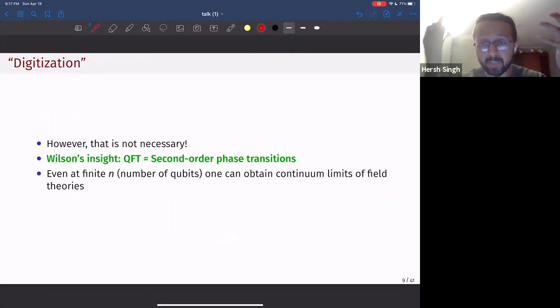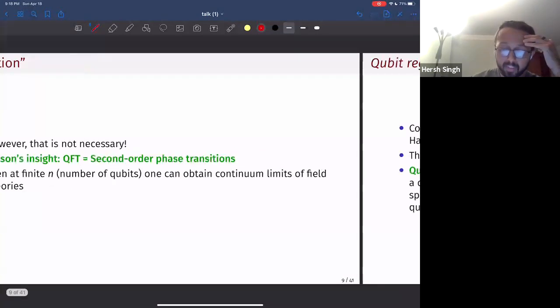In any lattice model with a second order phase transition, you will get a continuum quantum field theory close to that critical point. And this can happen even in lattice models where each lattice site has a finite dimensional Hilbert space. So for example, spin models and so on have second order critical points at which you get a continuum quantum field theory.